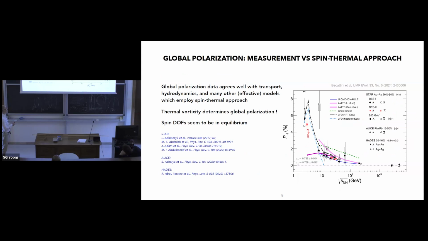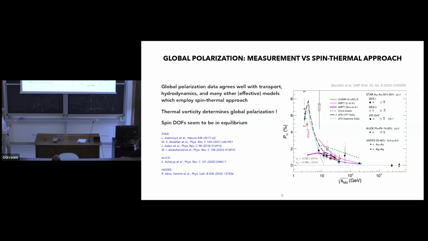And these different colored lines, which are plotted on the same plot as the experimental results, which are the points here, show us that this picture works very well. It signals that probably the idea that the spins are equilibrated at the same rate as the momenta of particles is really what is happening in heavy ion collisions.